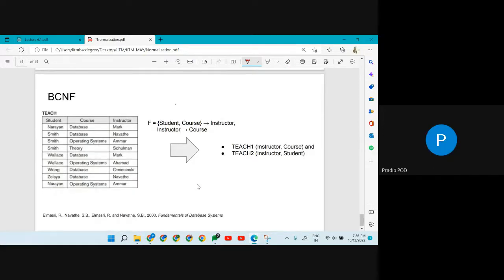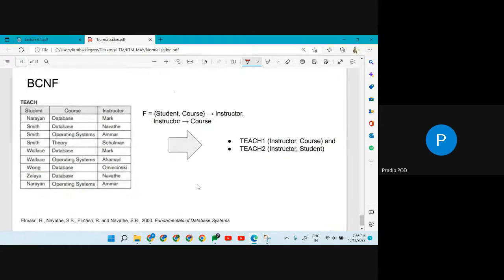Okay, so here you can see this particular functional dependency. This table has this functional dependency, right? So you have to find the candidate key here. Can anyone tell what is the candidate key here? So this is student, course.